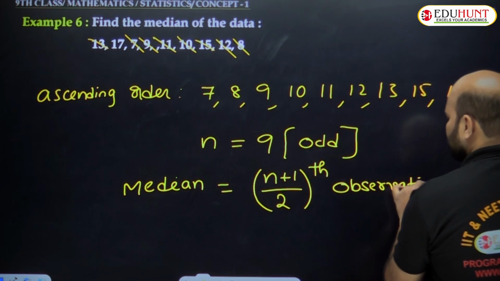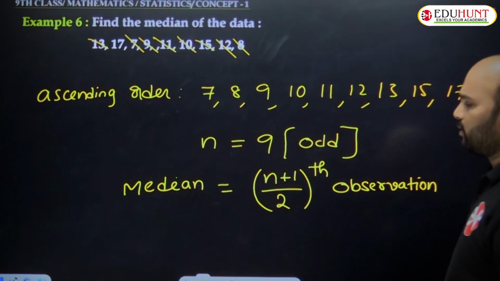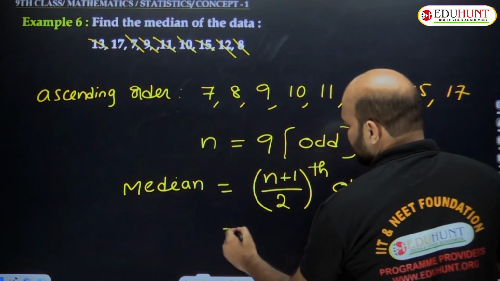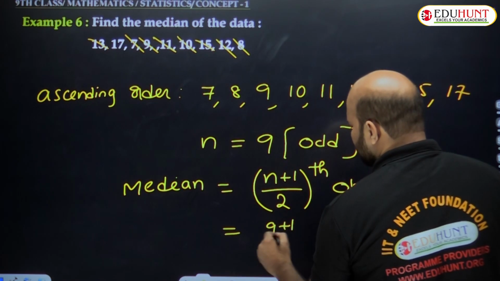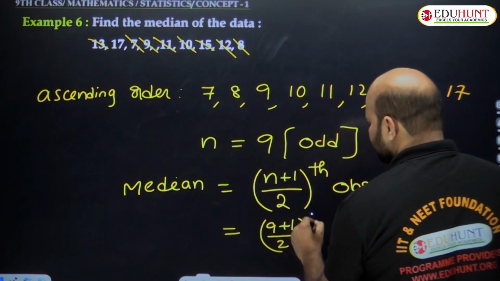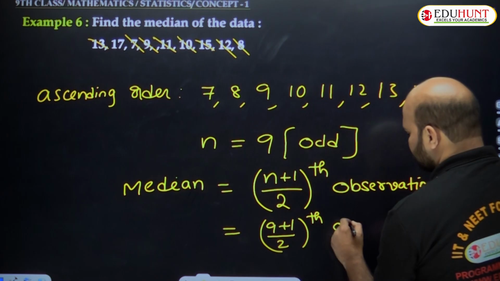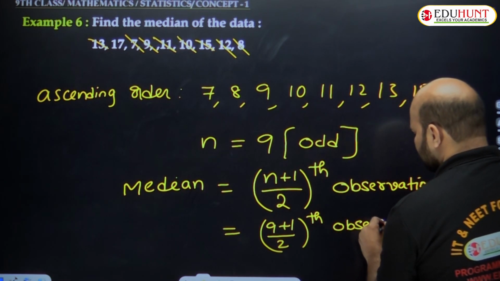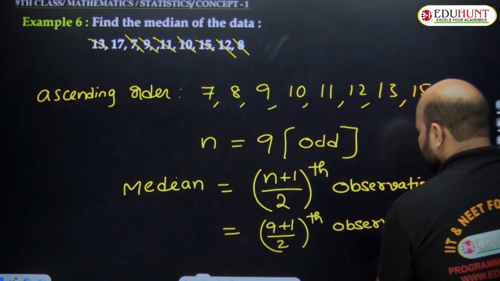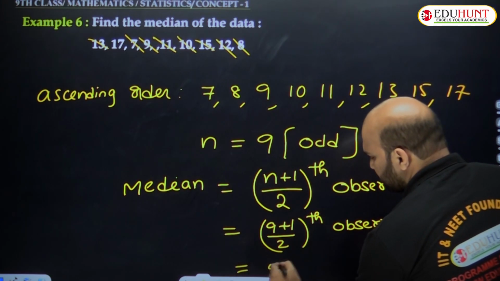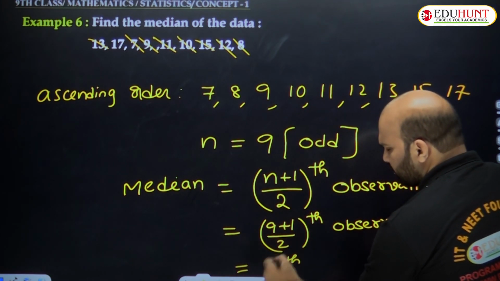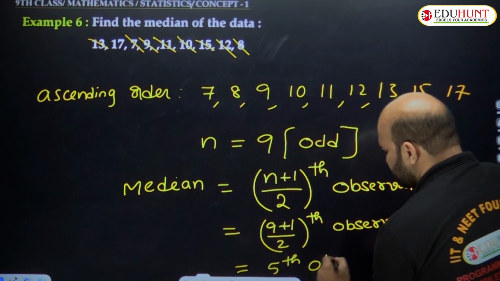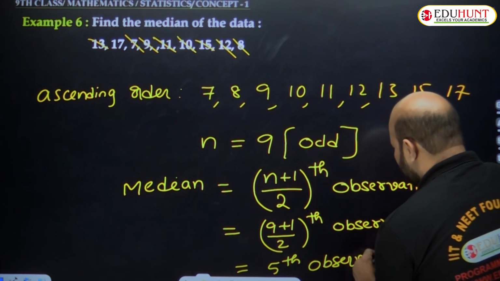Here n value is 9, so 9 plus 1 by 2, 10 by 2, the fifth observation is the required answer in ascending order.